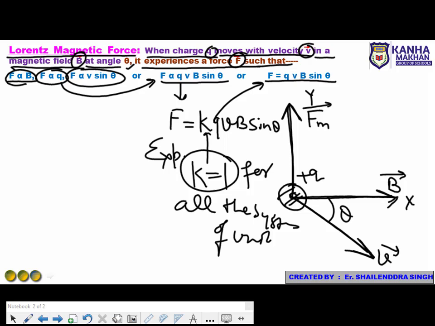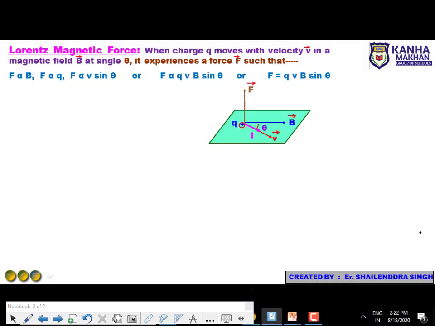Now, suppose charge q is moving with velocity v at that angle theta, which is also known as a current. The magnetic field is here and the force is here. So what should be the result? In vector form, the magnetic force will be given as qvB sin theta.